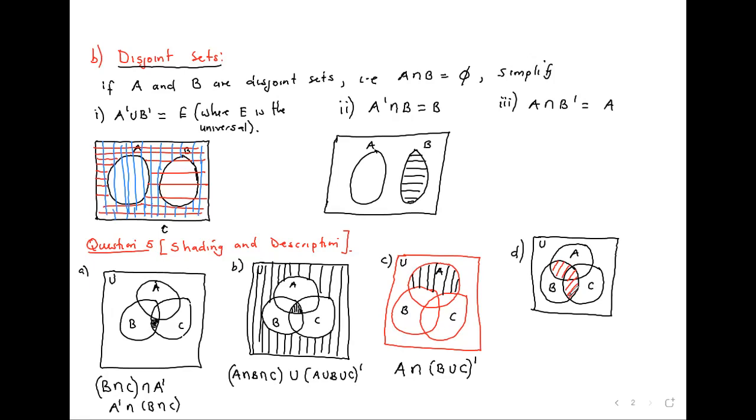So what does that mean? It means that we'll start with B and say intersection, because the other part of B has not been shaded.